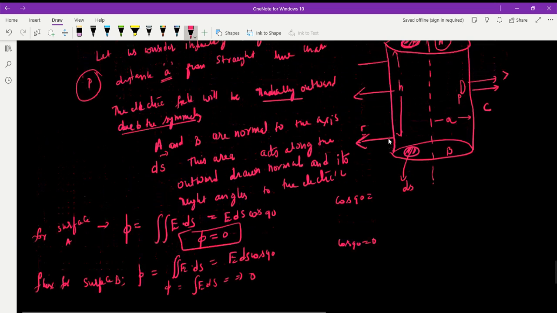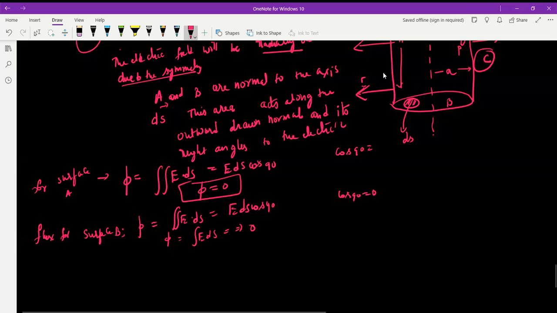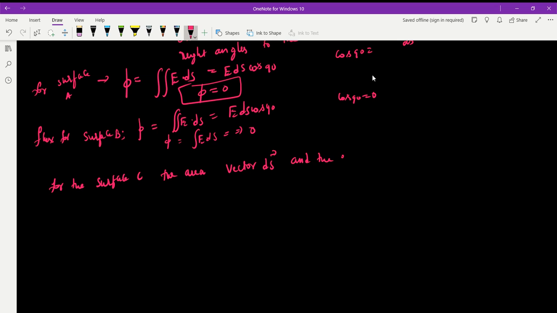Now the important face is surface C. For surface C, the area vector ds and the electric field E are parallel.